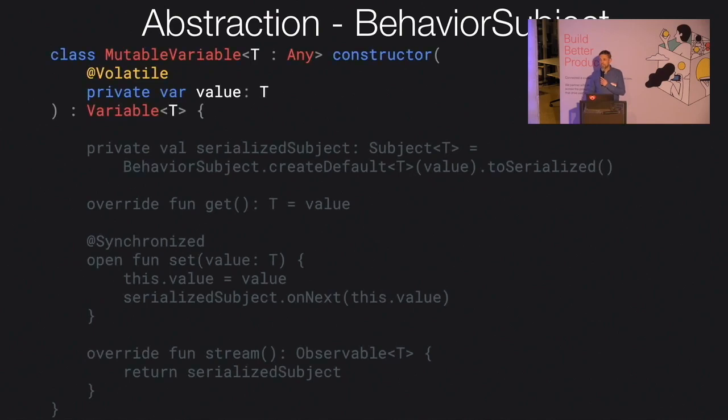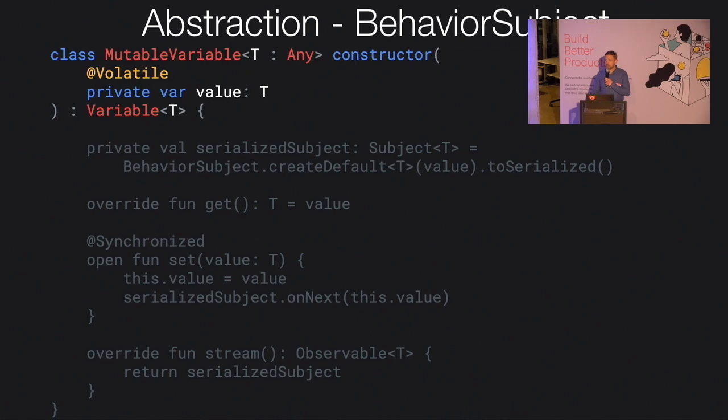Now, very often you want to use something called a BehaviorSubject, which is awfully similar to LiveData. In fact, I've used this countless times, where you have an abstraction that wraps a BehaviorSubject. This was, of course, developed before they had LiveData, but there are advantages to this over LiveData, which I'll get into.